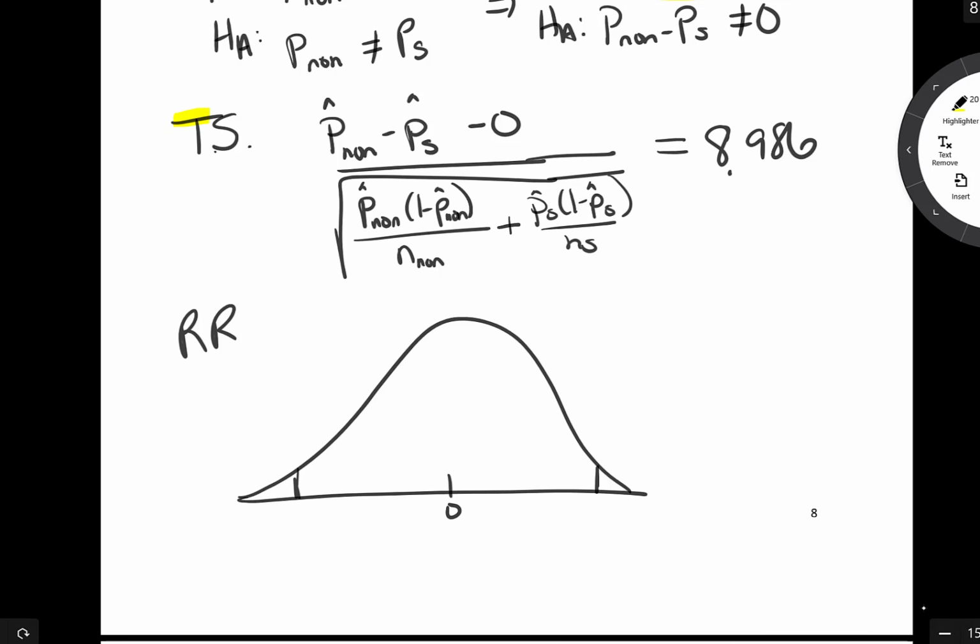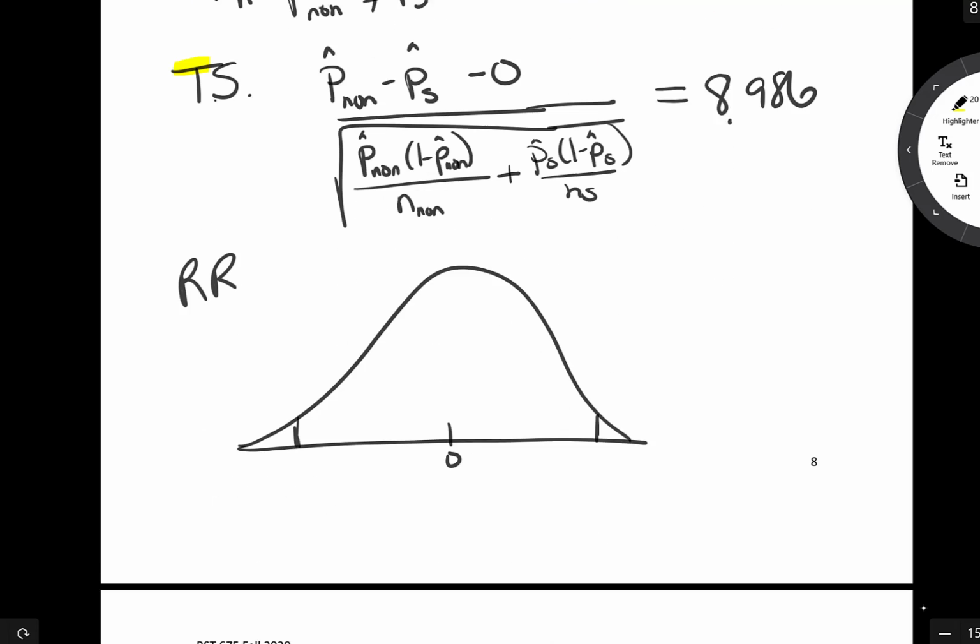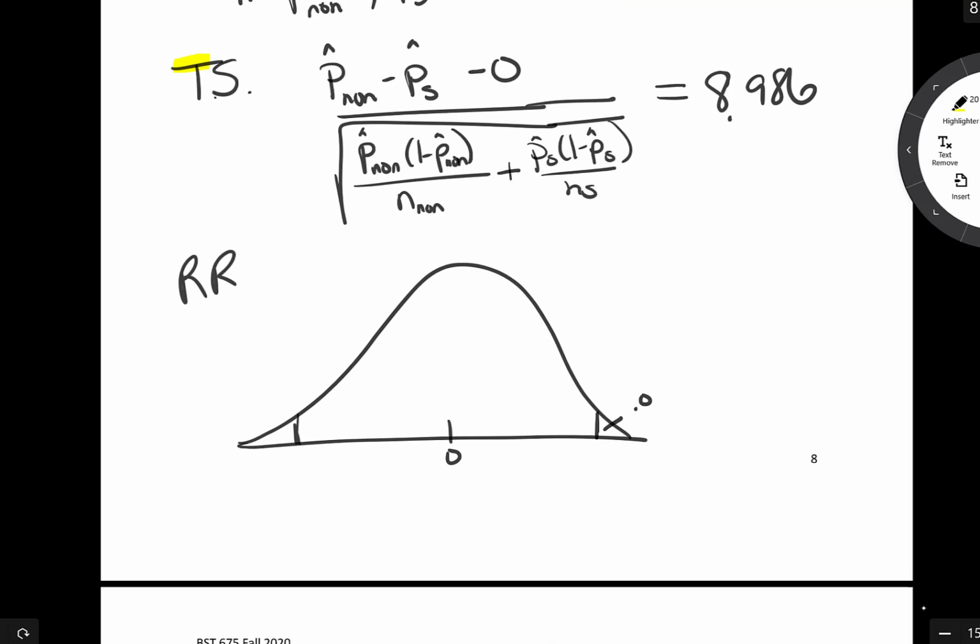And then in terms of the area, we're going to split the area between the two tails. So since we're looking at alpha equals 0.05, what we're going to have is 0.025 here, 0.025 here. And notice this is the endpoint that we want.